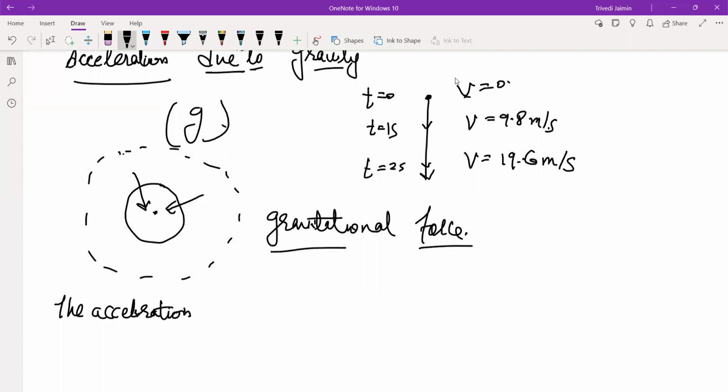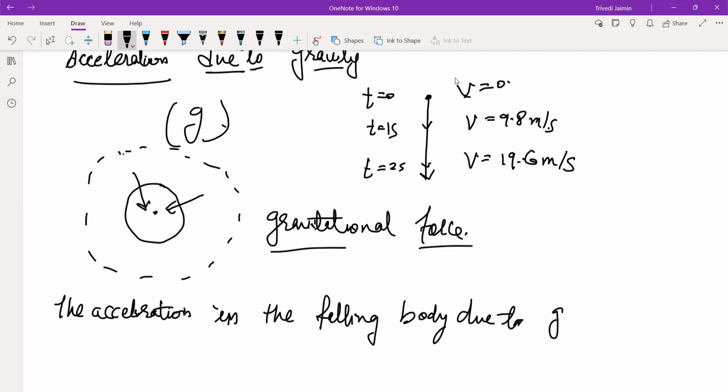So the acceleration in this condition, in a falling body due to gravity, is 9.8 meters per second square.